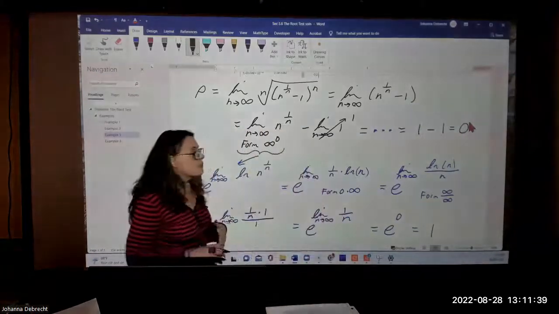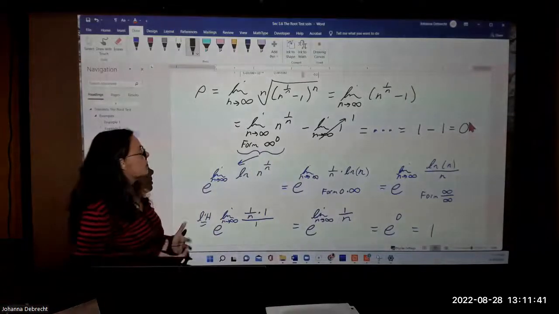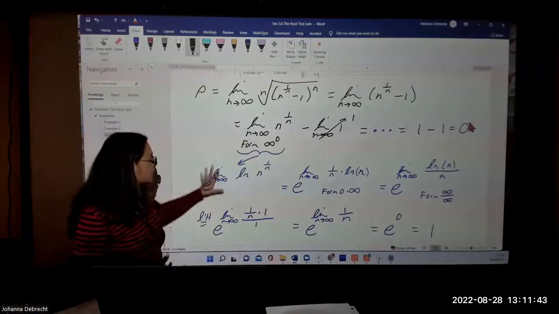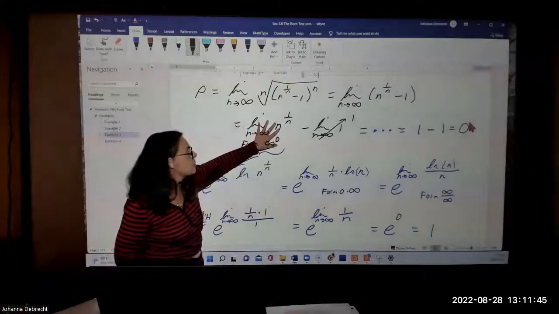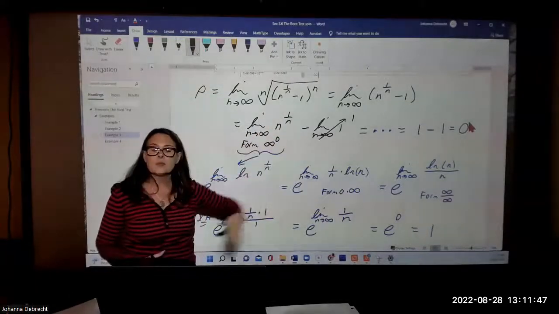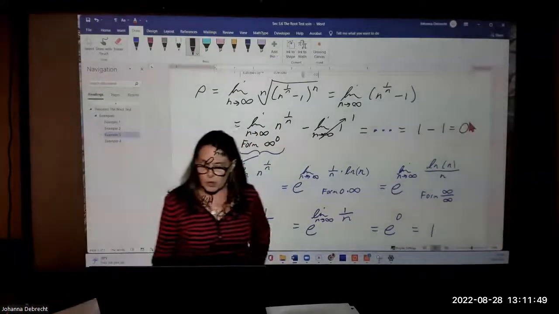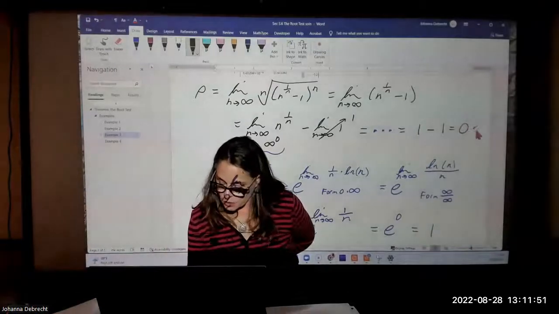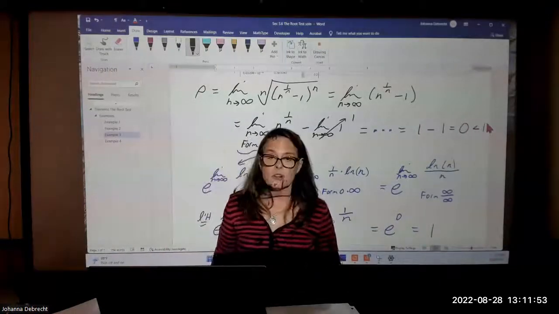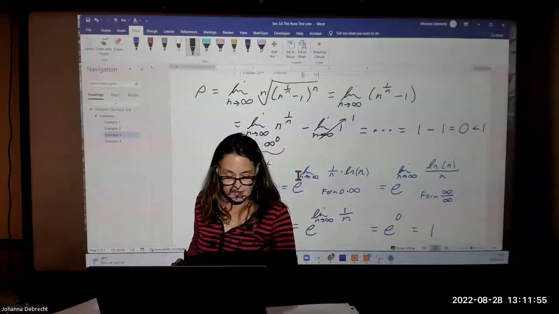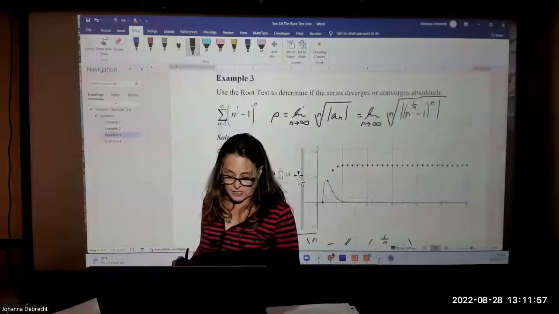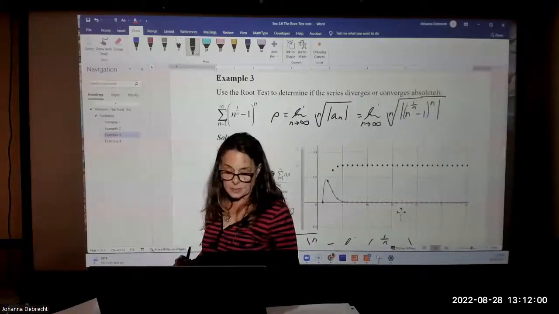In other words, the value that I get for rho is 0. Now I had to go through and evaluate this one separately, but I did end up with 0 as the value of rho. And that means that, of course, it does converge by the root test. So I get that this does converge, which was what I suspected.